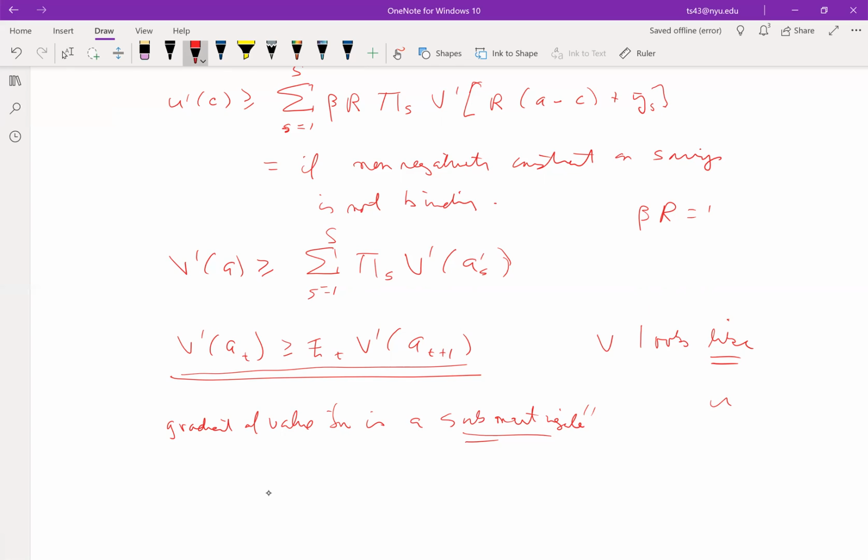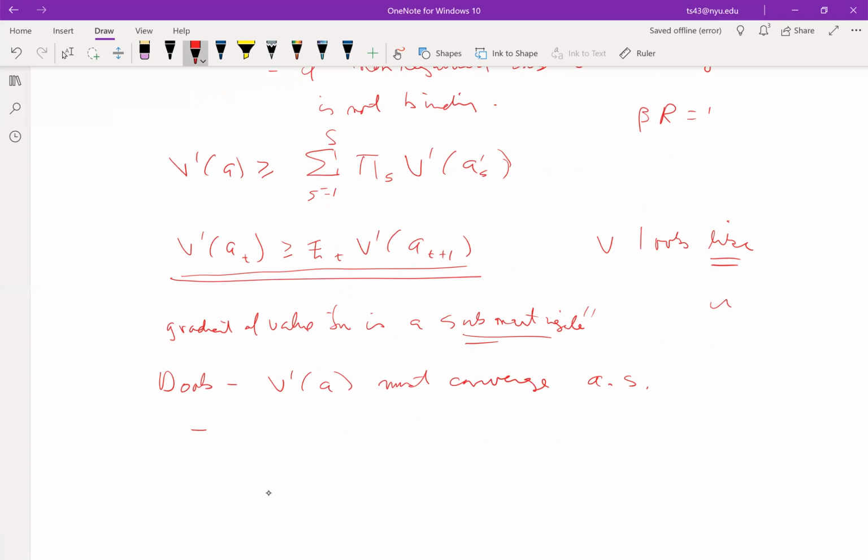So there's a theorem of Doob, cited in the appendix. What it says is that v prime of a must converge almost surely to a non-trivial random variable.